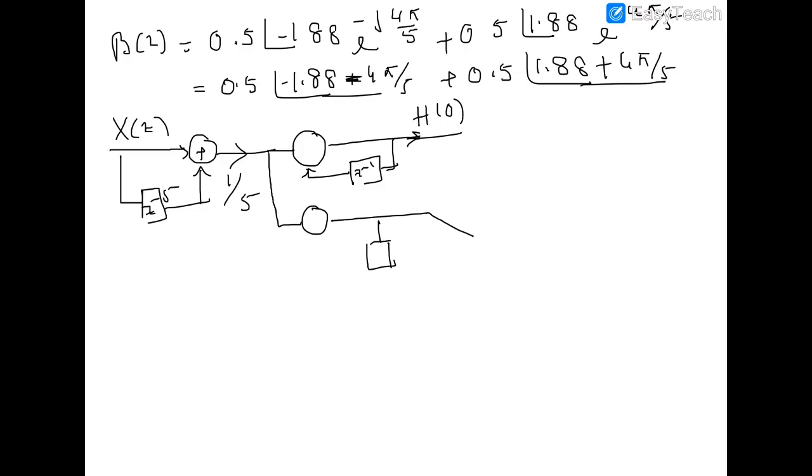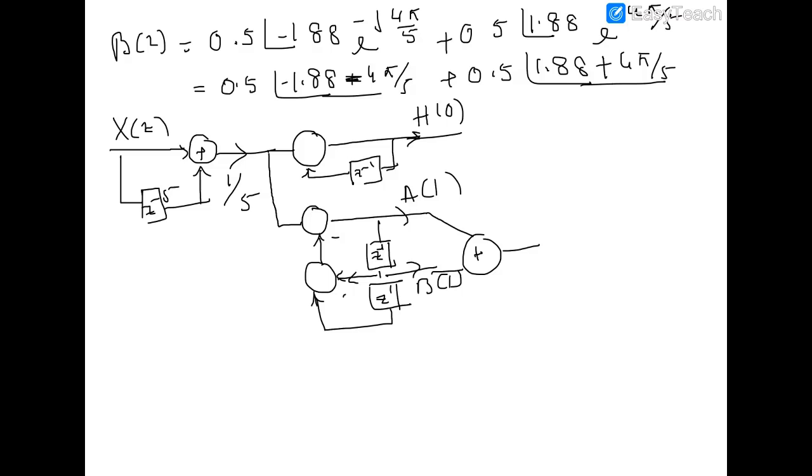So we have Z1 here, one more Z1 here, and that will give me B of 1, this is A of 1, this should get multiplied, it should be added up, and then next one, similar to the previous one, here the term is going to be 2 cos 2 pi by 5.